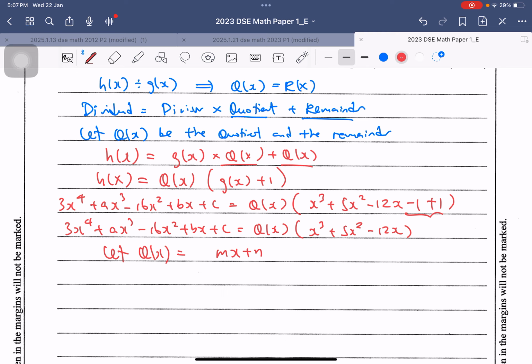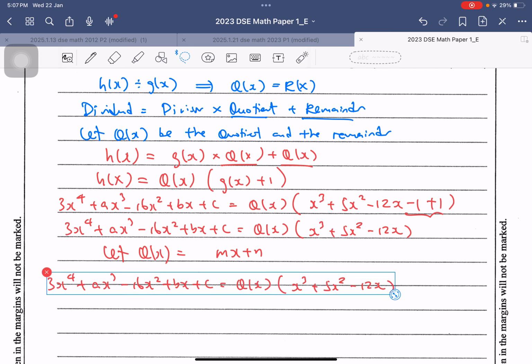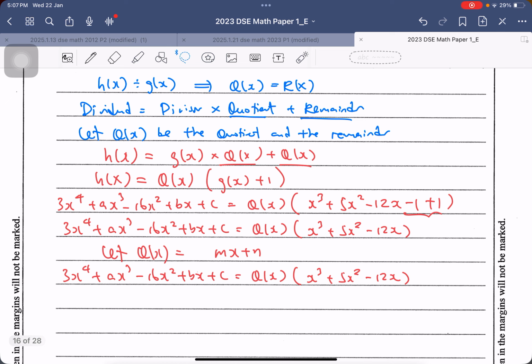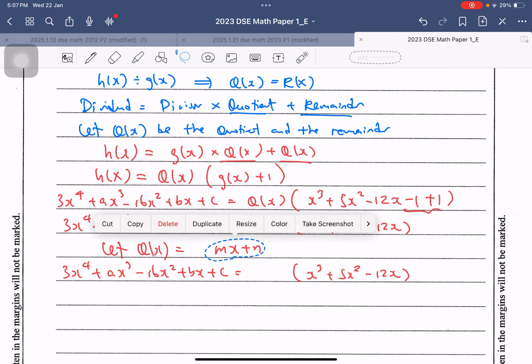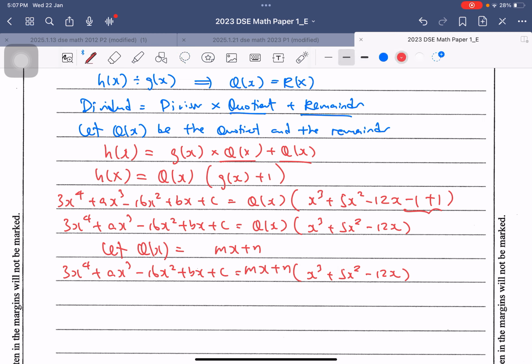Then copy the whole thing down and replace q(x) by mx plus n. Now we can try to expand the brackets and then compare the coefficients.